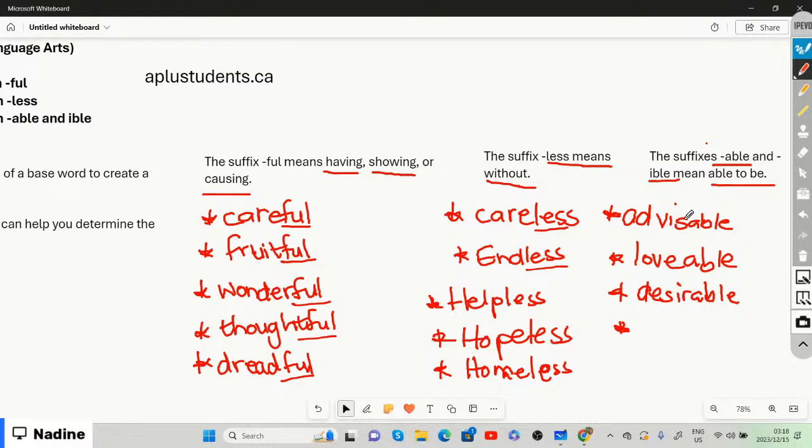We have advisable, it's able to advise. Lovable, the ability to be loved. Desirable, right? And then we can also go with unbearable.